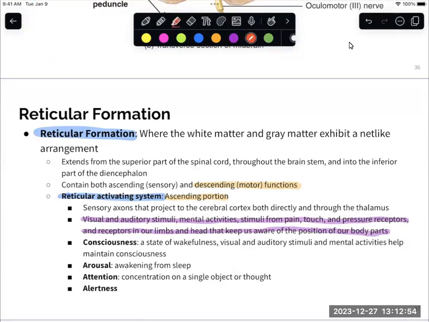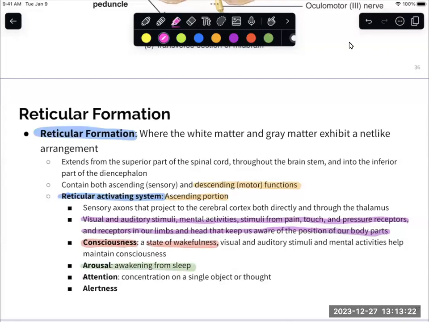The reticular activating system plays a role in consciousness, which is that state of wakefulness. Visual and auditory stimuli and mental activities help to maintain that consciousness, help to keep you awake. Arousal is that awakening from sleep.